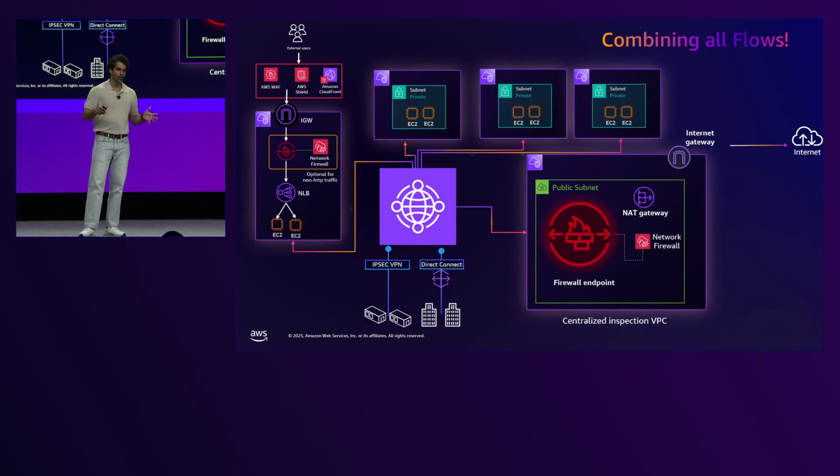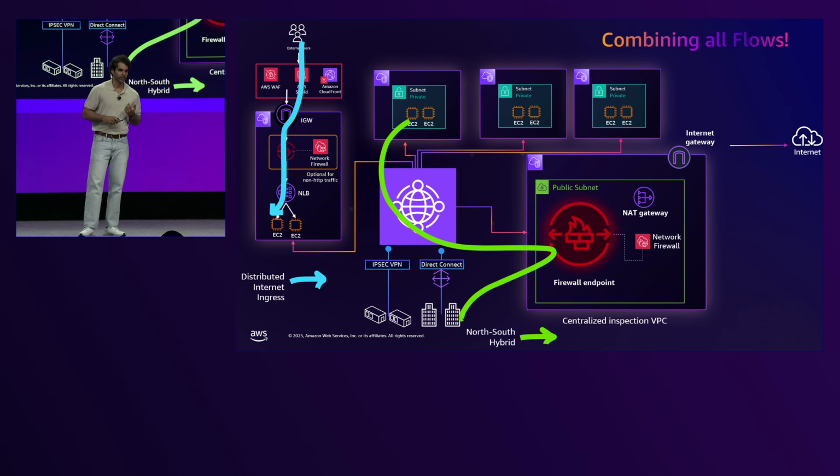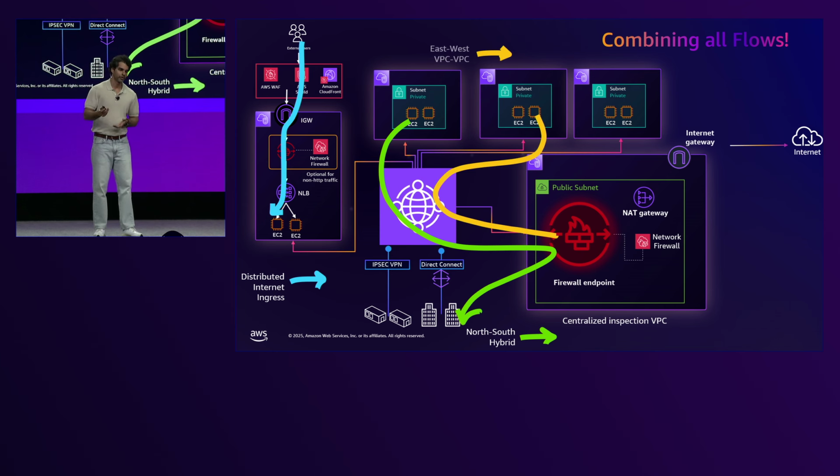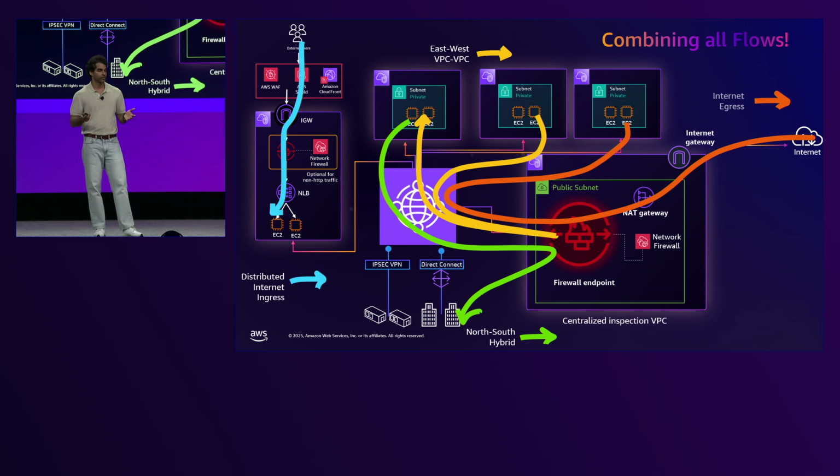All right, so let's combine all the flows. Right? So you have distributed internet ingress, traffic coming from the internet. You have north-south hybrid, where traffic is from a VPC to on-prem, on-prem to VPC. We have east-west VPC to VPC inspection, where, remember I mentioned you need to enable appliance mode. And then we have the internet egress, where the traffic originates within your VPC and is destined for a destination in the internet.